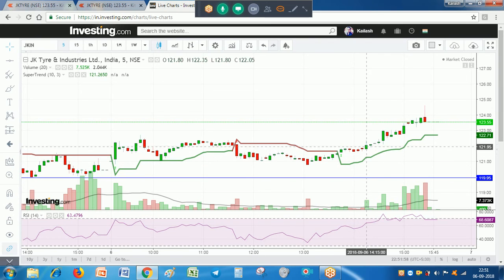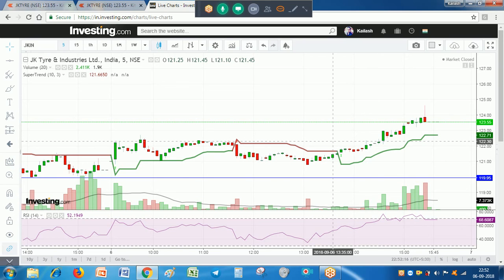And look at this, there is a big candle, it has given one from this level. So friends, it's a small stock actually, okay. 1 rupee movement is actually 1%. Remember this thing. So for intraday trading, 1% target is enough friends.